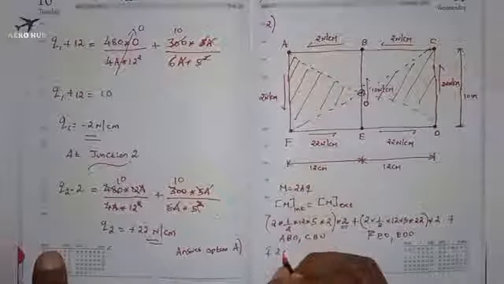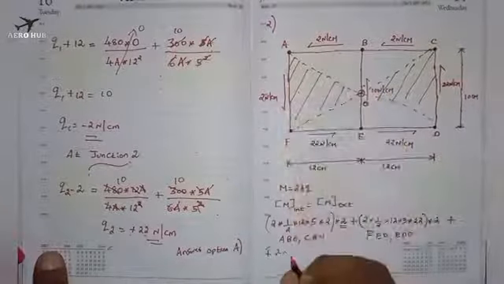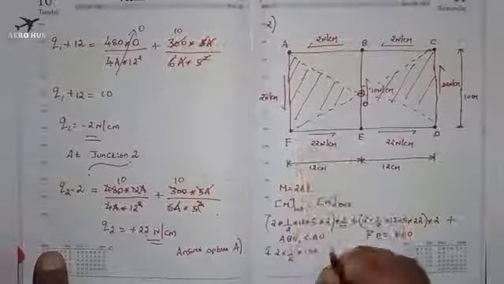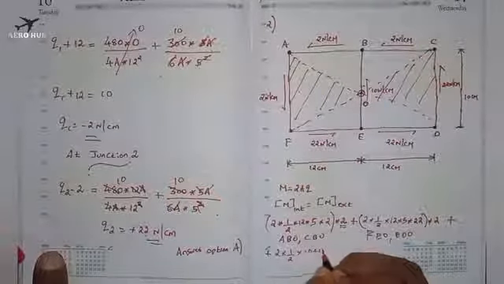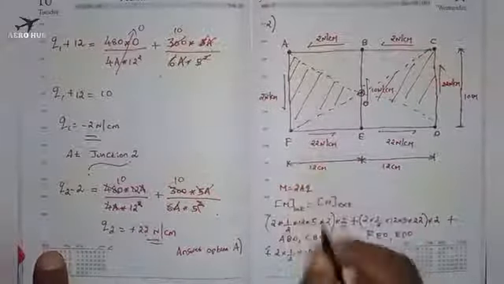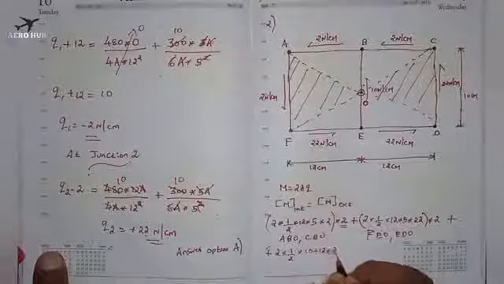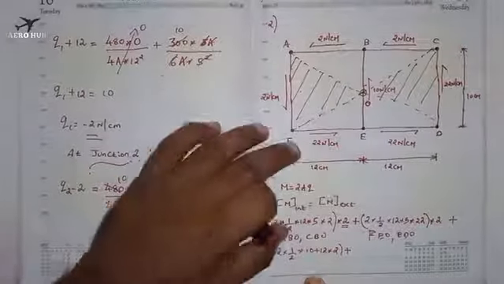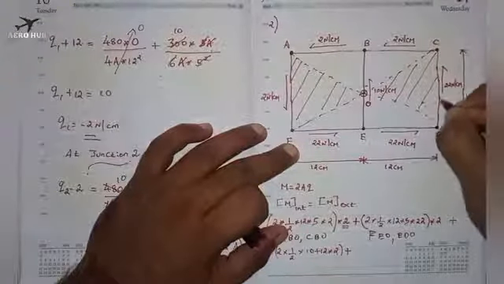2 times the area of the triangle: the base is 10, half into 10, and the height is 12, into the shear flow, which is 2 Newton per centimeter, not second, plus this triangle.